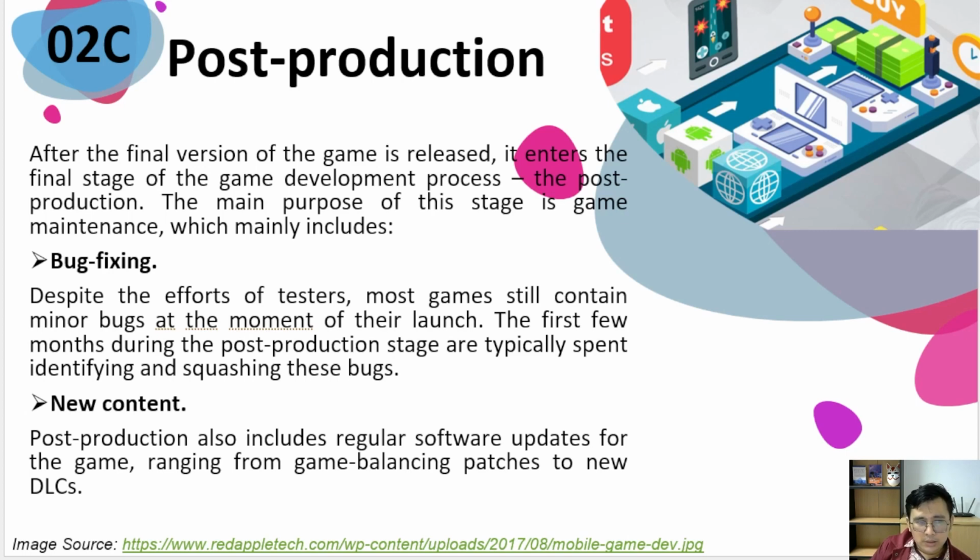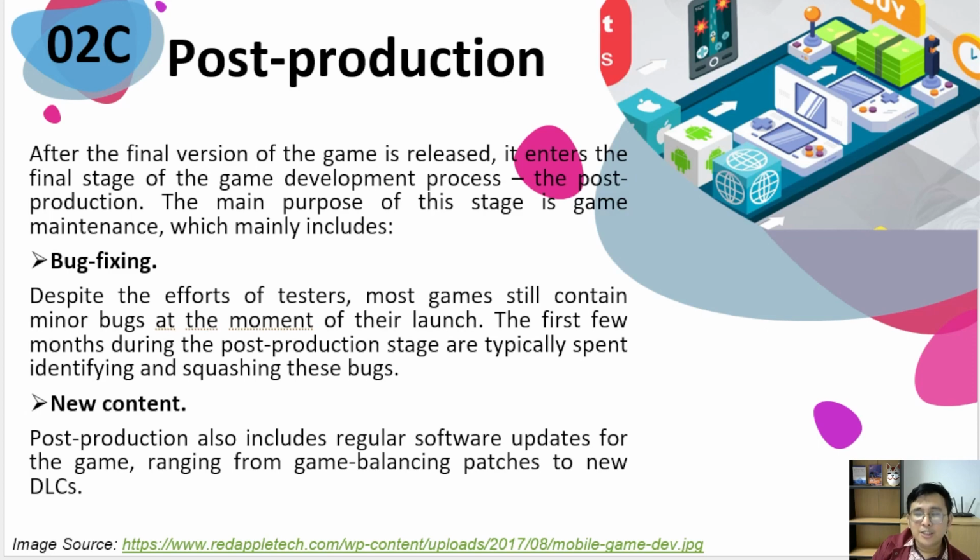And something like this usually happens in the first few months after the release of our game. So we need to identify it as fast as we can and fix it, and hopefully it doesn't really affect the quality of our games.